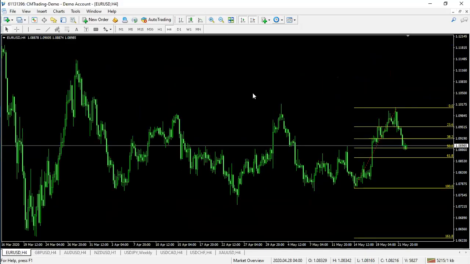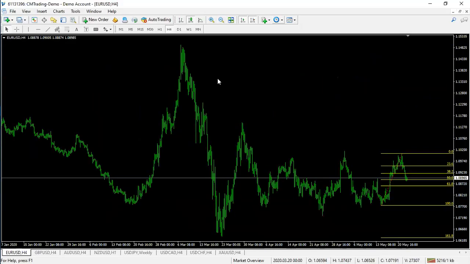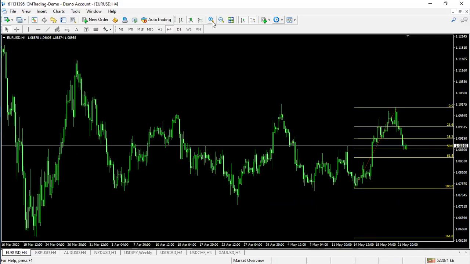Then you also get the trend. If the trend is a downtrend, you don't expect your market to reverse much. So I don't know how we can do this, but basically let's say we have a downtrend.